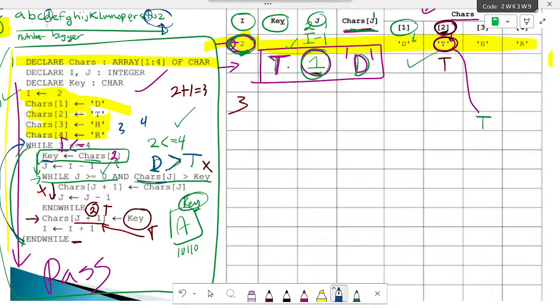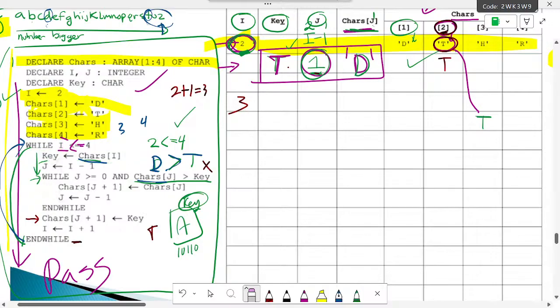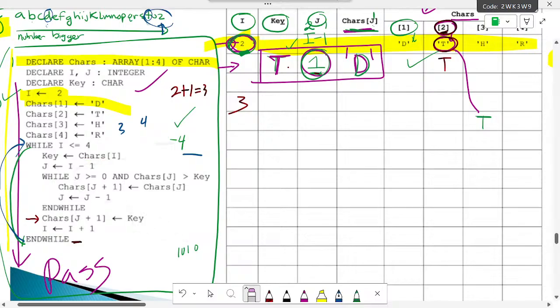So therefore key is going to be equal to... I can't see this, let's just erase this stuff. Okay, this is the second pass. So I will just delete this so that we can see clearly the code. Okay, right now i is equal to 3.